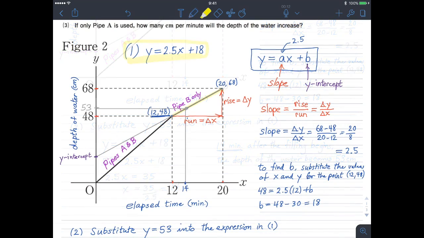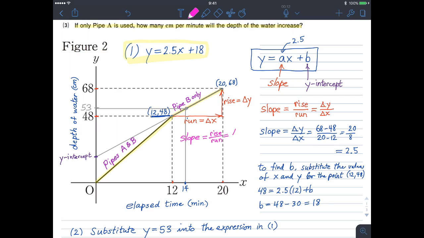In question 3, it asks, if only pipe A is used, how many centimeters per minute will the depth of the water increase? According to the graph, the rate of increase when pipes A and B are used together is the slope of this line. And as you may remember, slope equals rise over run, which is another way of saying the change in y over the change in x.